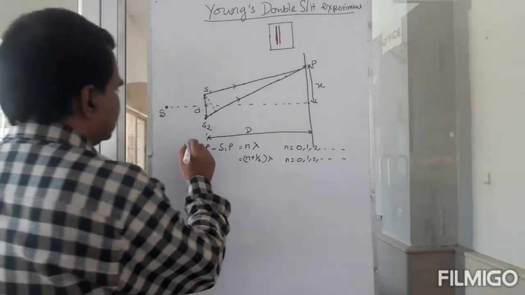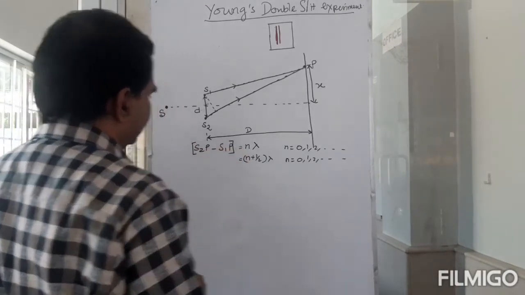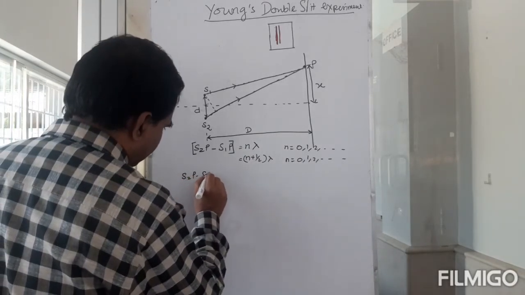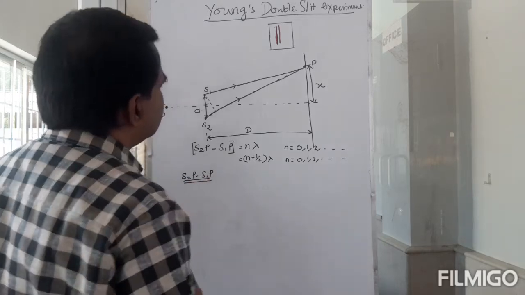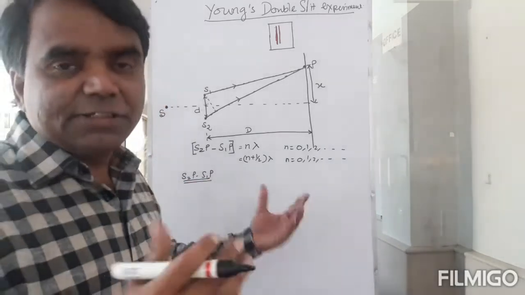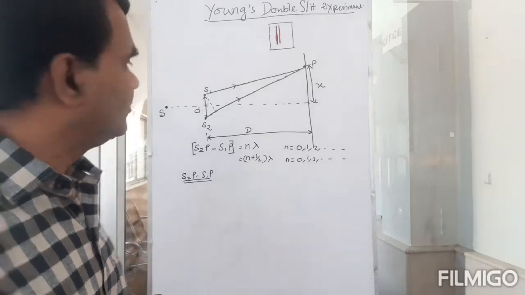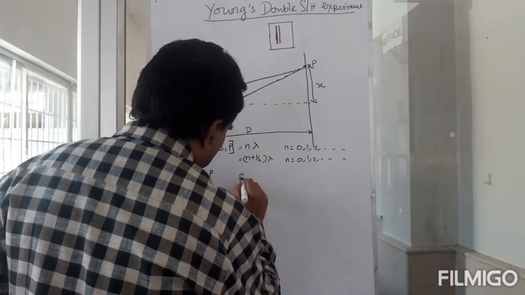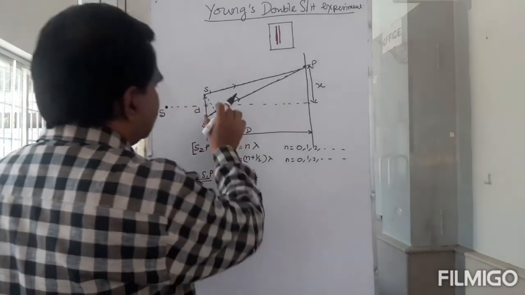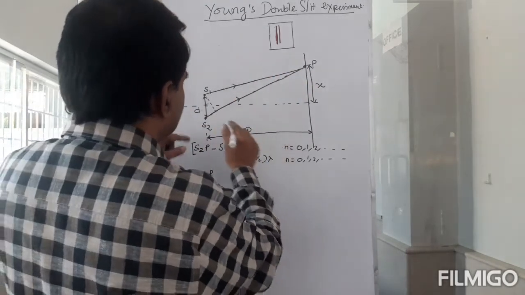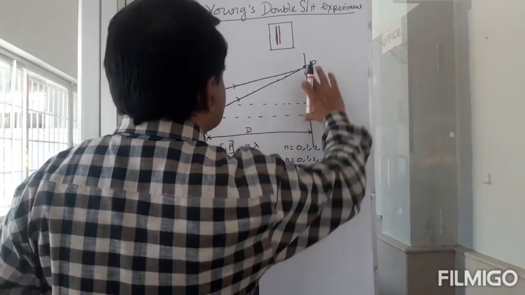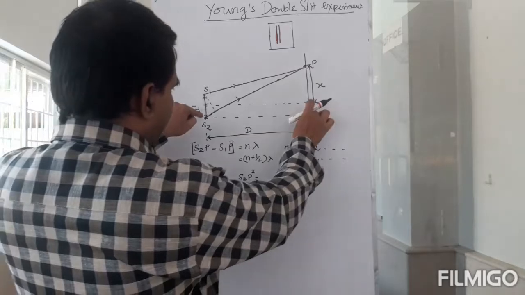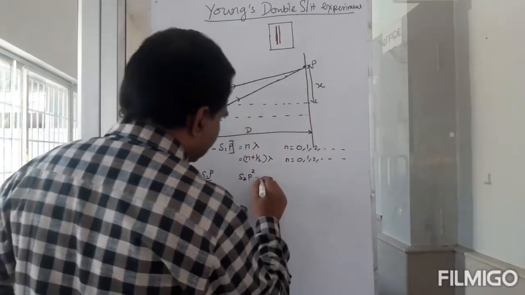So how do you find the path difference from this diagram? S2P minus S1P. Well, I can use Pythagoras theorem. What is S2P squared? S2P squared is equal to this square plus this square. This is D squared.